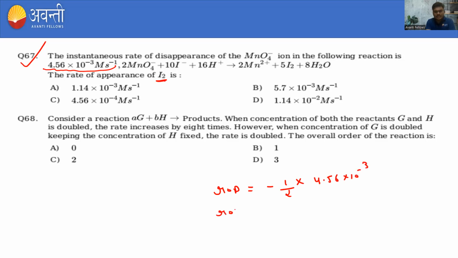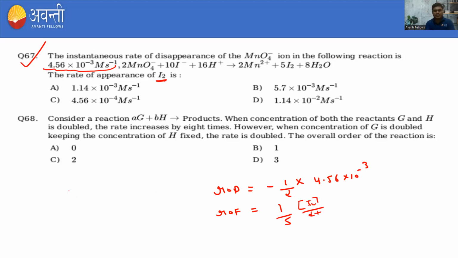Similarly, you have to calculate the rate of formation of I2. For I2, we can write 1 by 5, and this is equal to the change in concentration upon dt, right? So this we need to calculate.